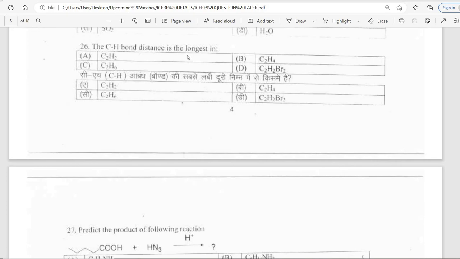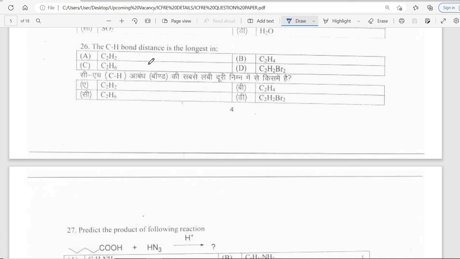Question 26. The C-H bond distance is longest in which of the following: acetylene C2H2, ethylene C2H4, ethane C2H6, or C2H2Br2? In all the cases, we already know that as the bond multiplicity increases, the bond distance decreases.